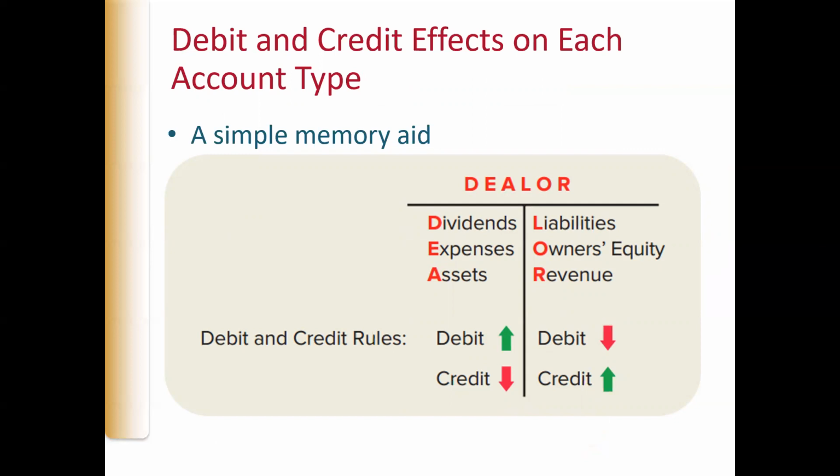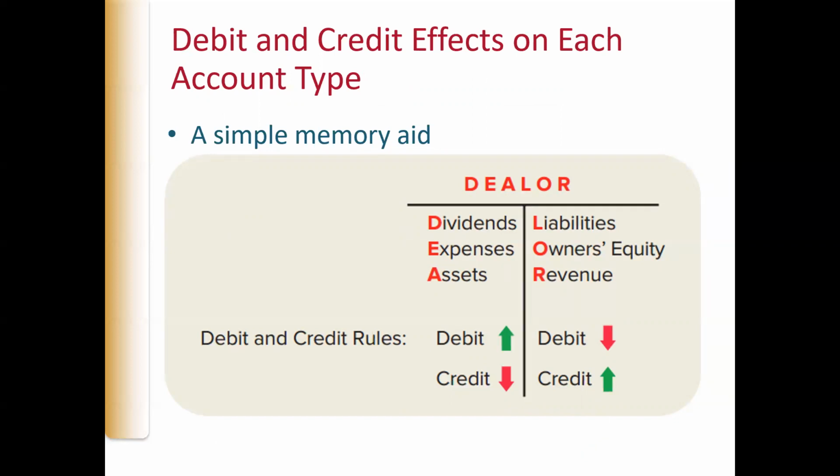You take the word DEALER. DEA stays on the left-hand side or the debit side, and those have normal debit balances. Dividends, expenses, and assets have normal debit balances, which means they increase when you debit them and they decrease when you credit them.